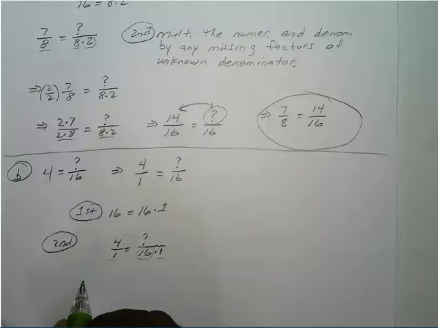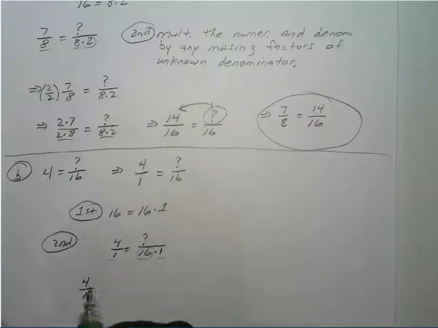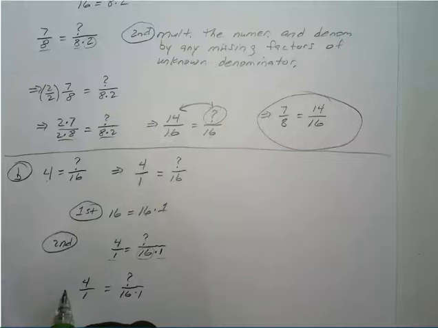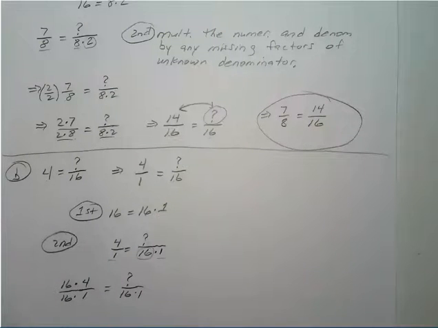Okay, so we have our 4 over 1, something over 16 times 1, but we're going to multiply the numerator and denominator by 16. If you want, you can multiply using this method, or you can use this method, same thing.